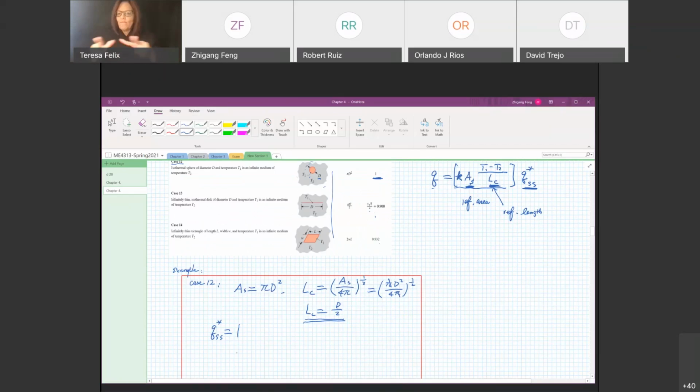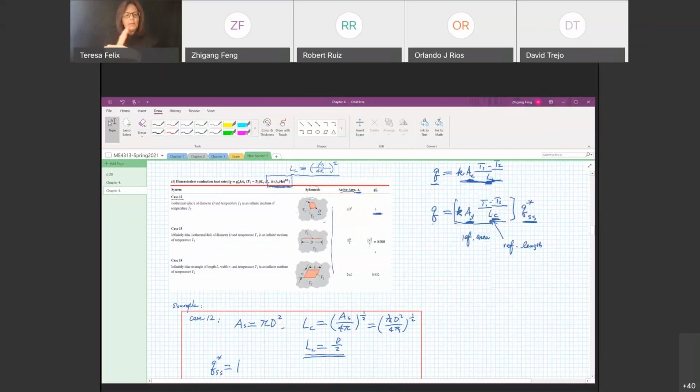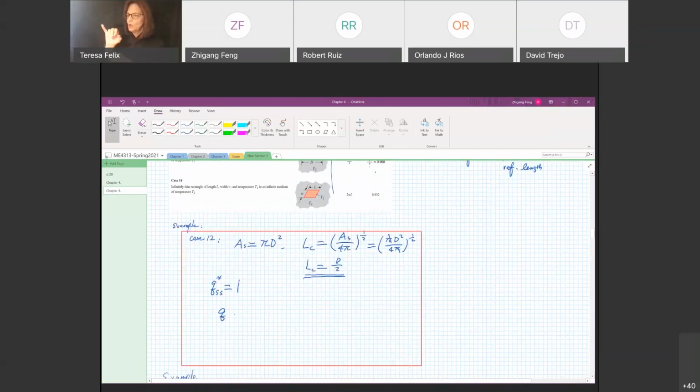So now, to find the heat transfer rate between the surface of the sphere and the infinity domain, this Q will be equal to Q star, the dimensionless heat transfer, multiplied by the reference cross-section area, multiplied by T1 minus T2 over L sub c. So that's the formula. Don't forget to include the thermal conductivity k.